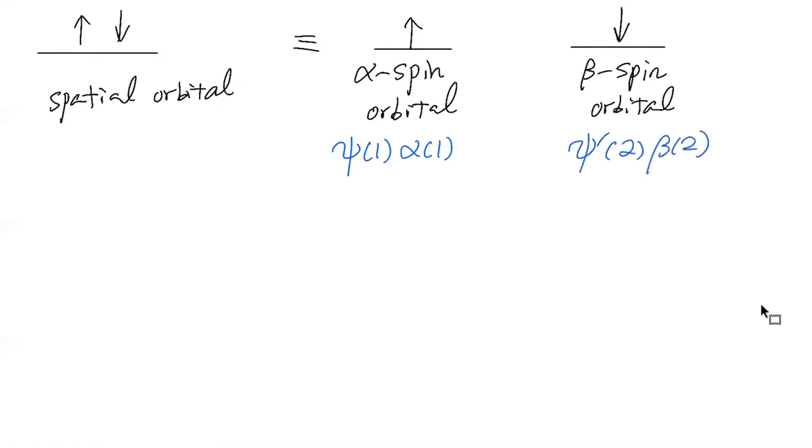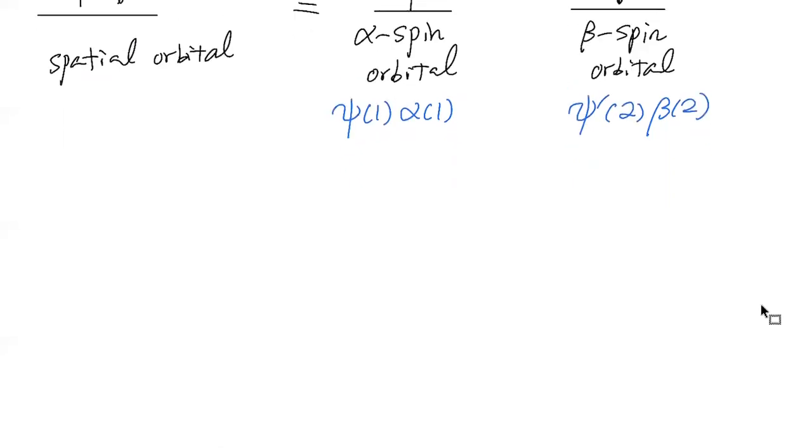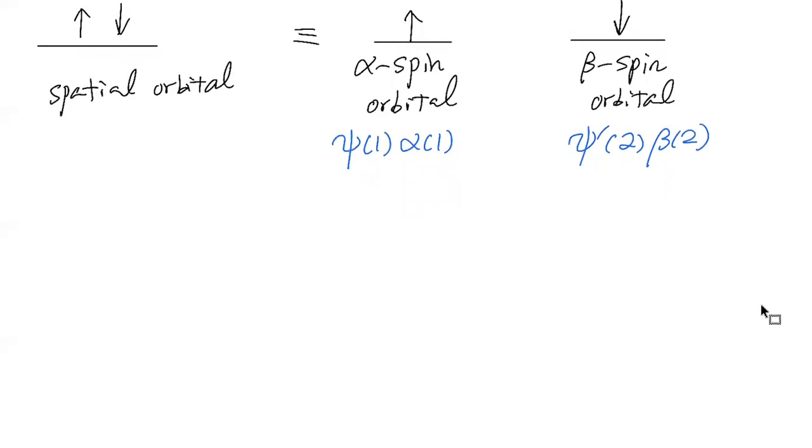Now, here I use psi prime. This is because psi 1 is not necessarily equal to psi 2. That is to say, when you describe the system with the language of spin orbitals, even though you draw a pair of electrons occupying the same orbital, it doesn't necessarily mean that the spatial function of the alpha electron is equal to the spatial function of the beta electron.